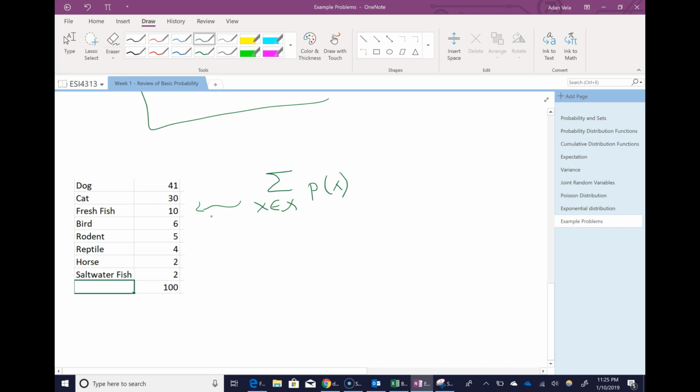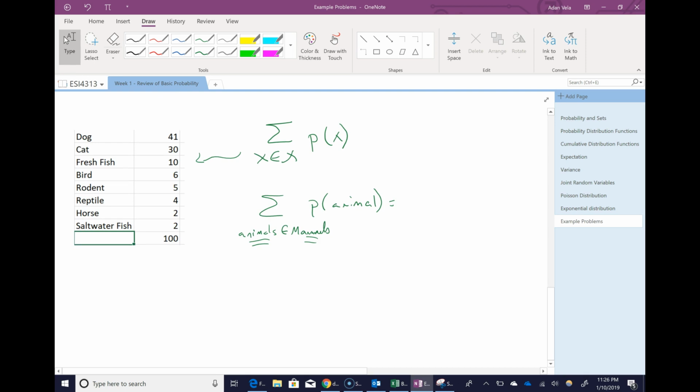An example of this is, give me the probability of all animals that are in the set of mammals. And I want to sum the probability of each of those animals. So in this case, all we're doing is going through each of the animals that are mammals and summing up their probability.